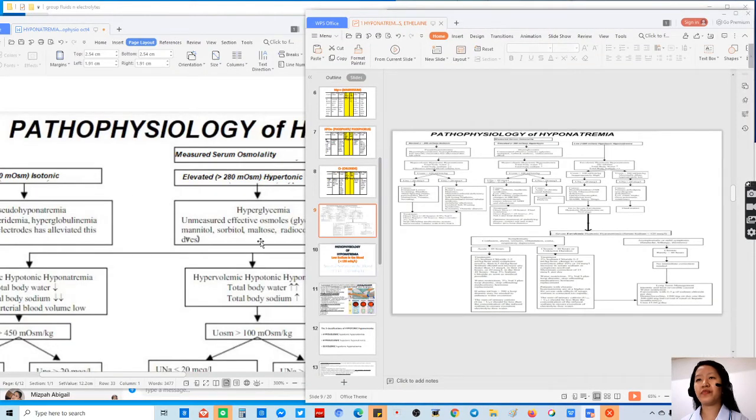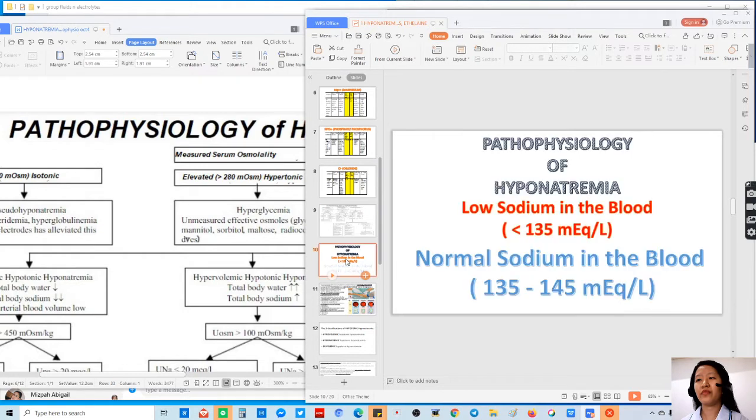Then next, pathophysiology of hyponatremia. Hyponatremia means low sodium in the blood, or less than 135 milliequivalents per liter, because the normal sodium in the blood is within 135 to 145 milliequivalents per liter.